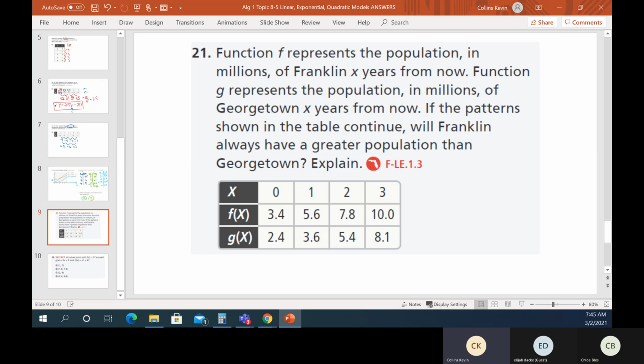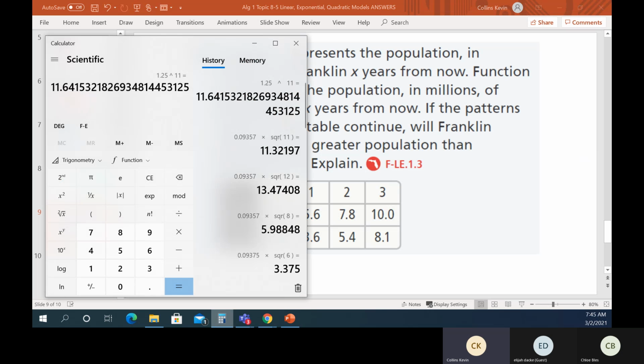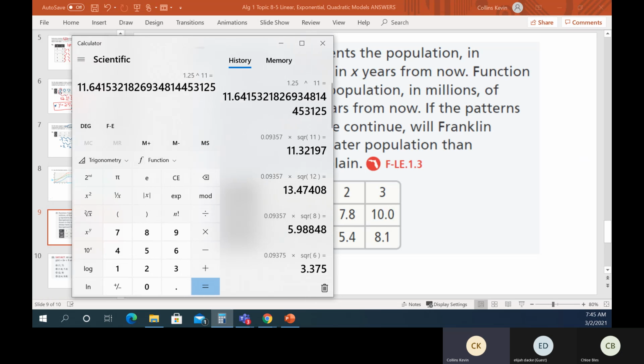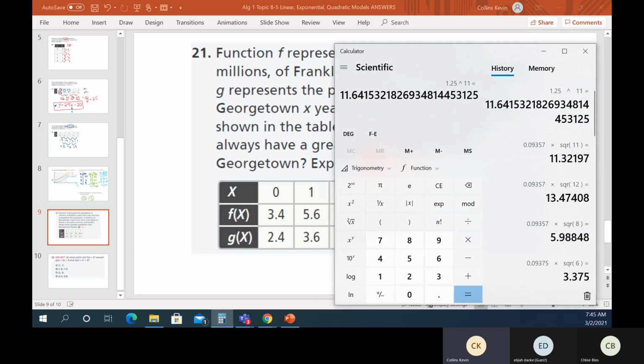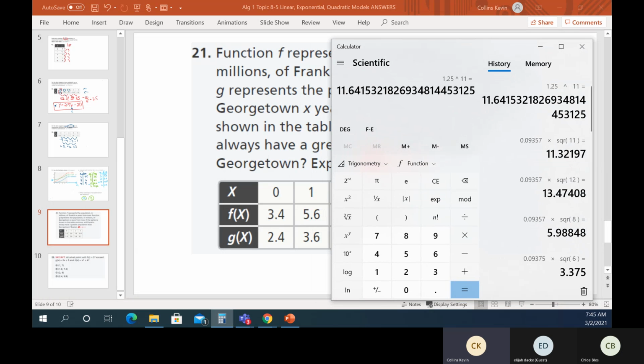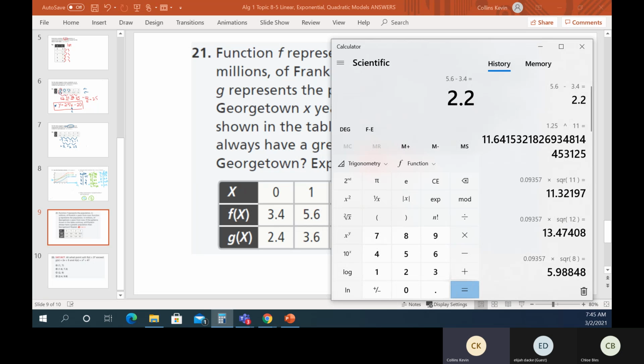So if this is linear, then these guys are going to go up by the same amount. So let's see if that happens. All right, so let's move them over here so we can see. So we'll see if the first differences are the same. So let's clear it out. So we got 5.6 minus 3.4. So that's 2.2. Okay.